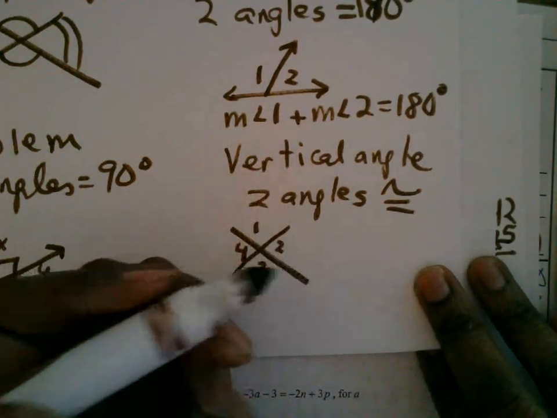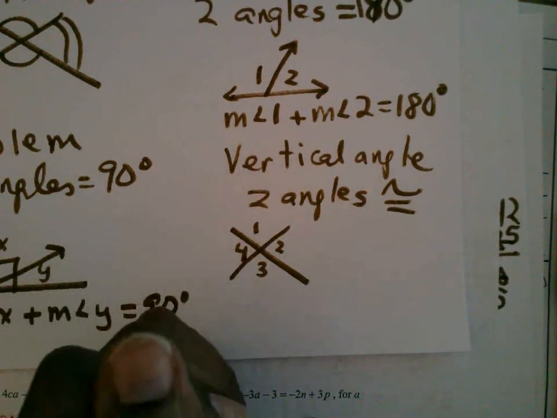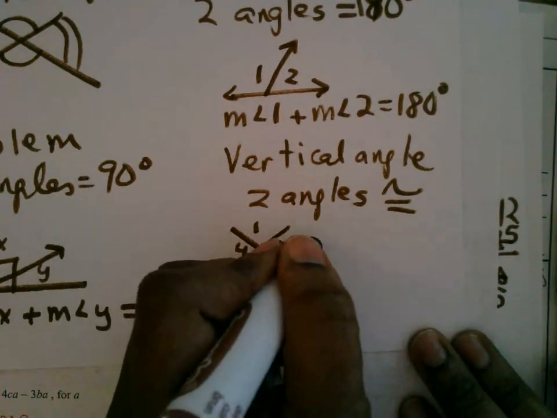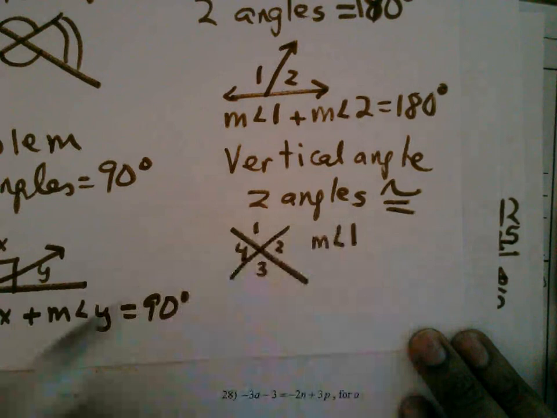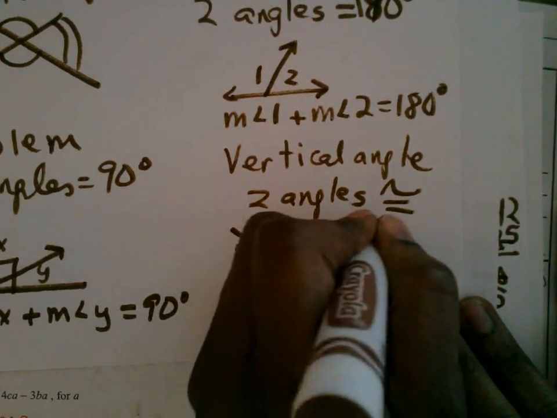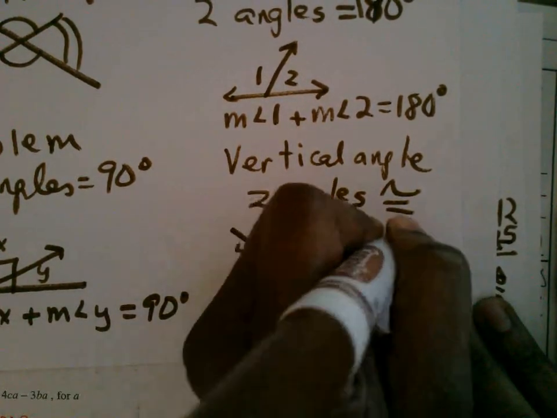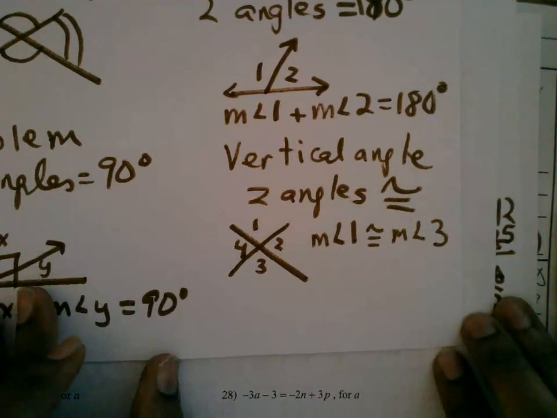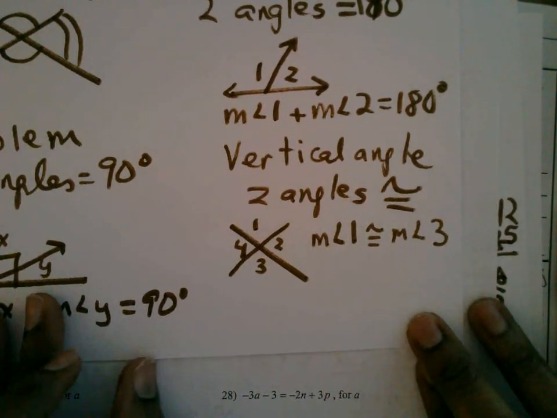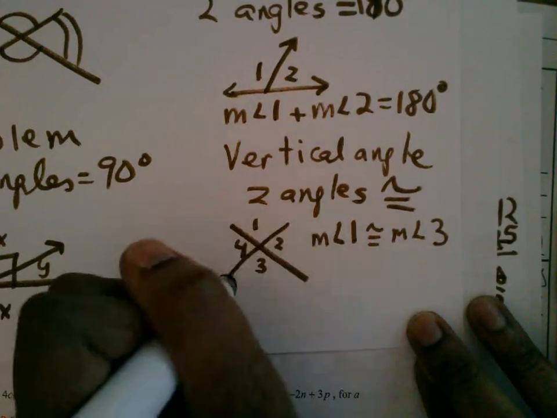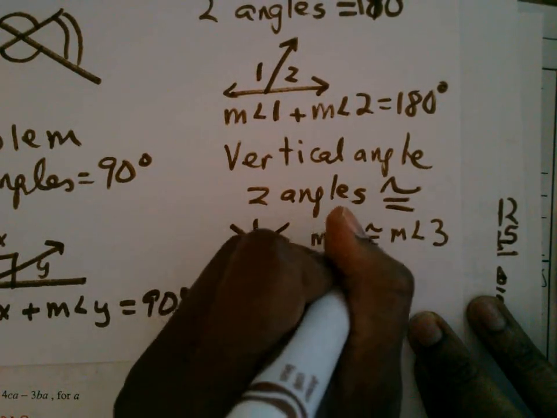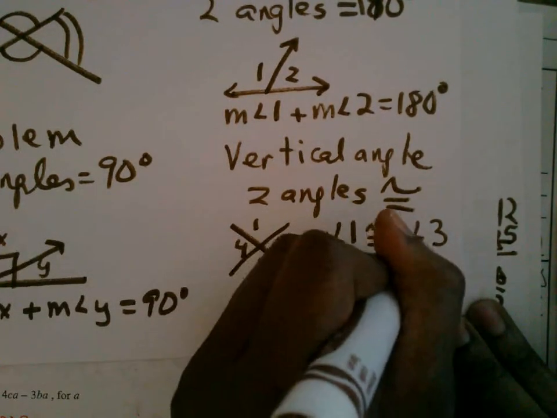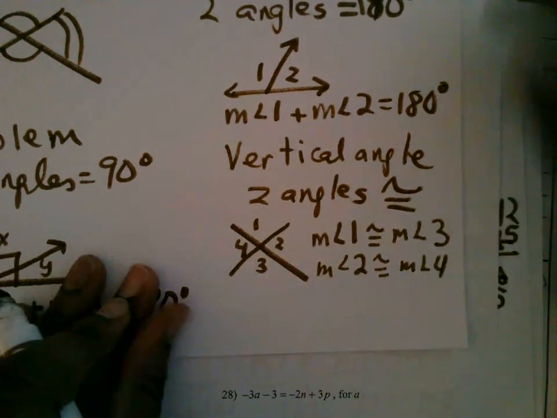Now we are going to write that the measure of angle 1 is congruent to the measure of angle 3. We're also going to write that the measure of angle 2 is congruent to the measure of angle 4.